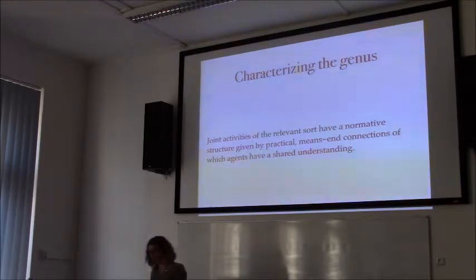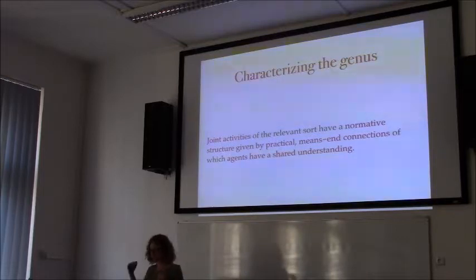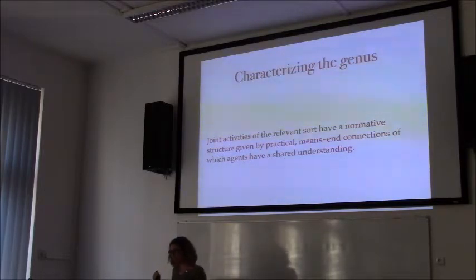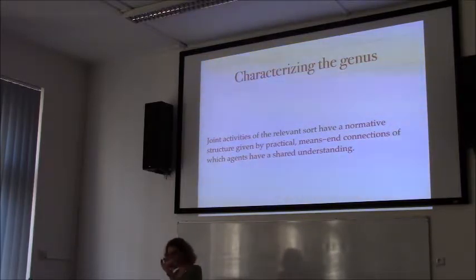In the same way, in the plural case, we have roles that are appropriately distributed among individuals because of the structure of the activity in which they are engaged. They're engaged in an activity that sets different normative roles for the different participants by means of these means-end connections, of which the agents, and this is very important, have a shared understanding in the paradigmatic case.